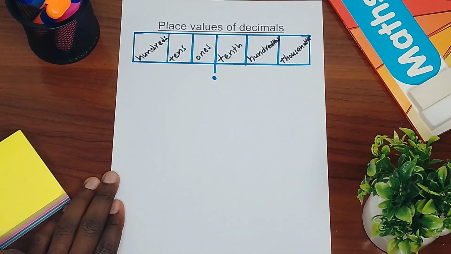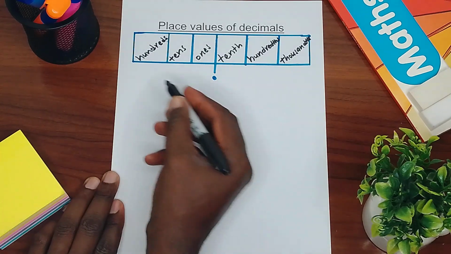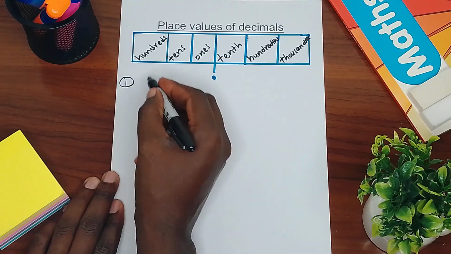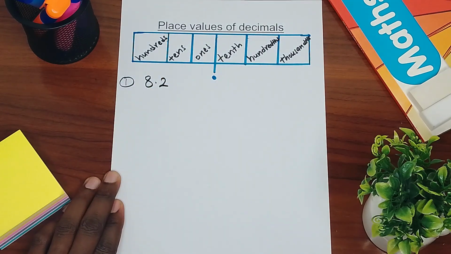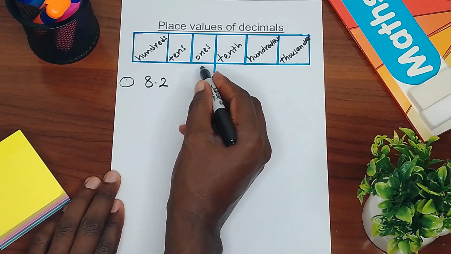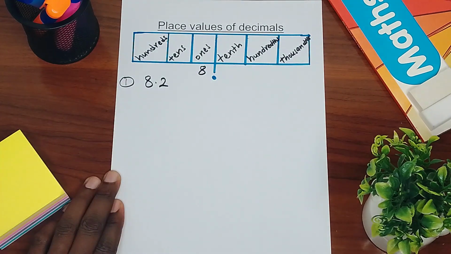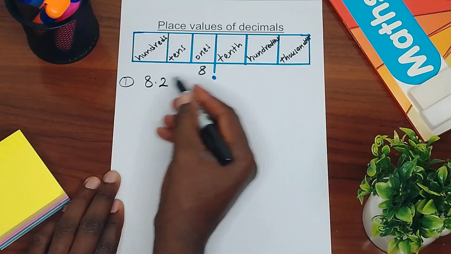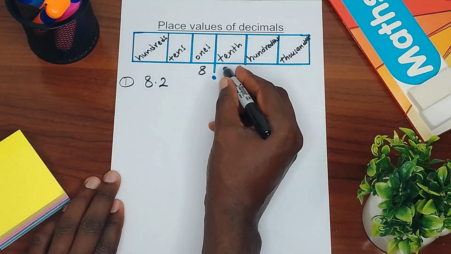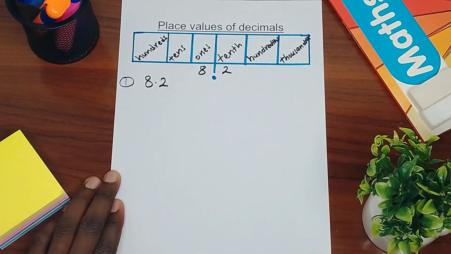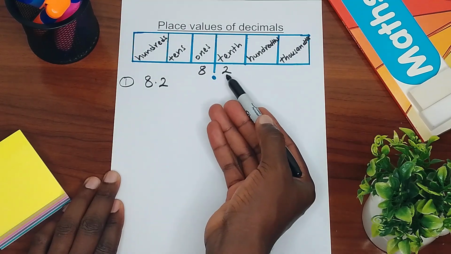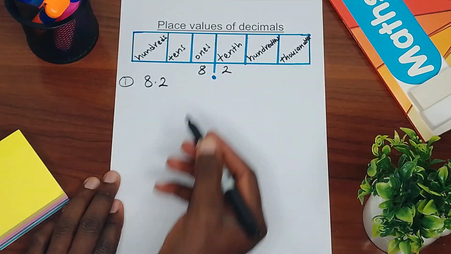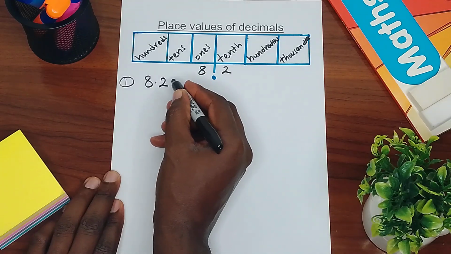So if we have a number like, we'll give an example of 8.2. This number has 8 ones. The whole number is 8, so we write it here in this position, and the decimal is here, then the 2 comes here. So we read this number as 8 and 2 tenths. So this is how we write it in word form.